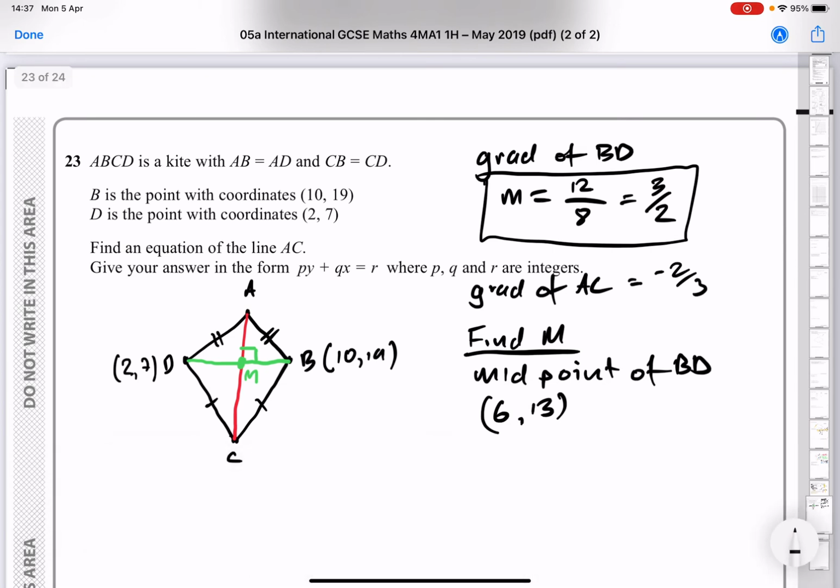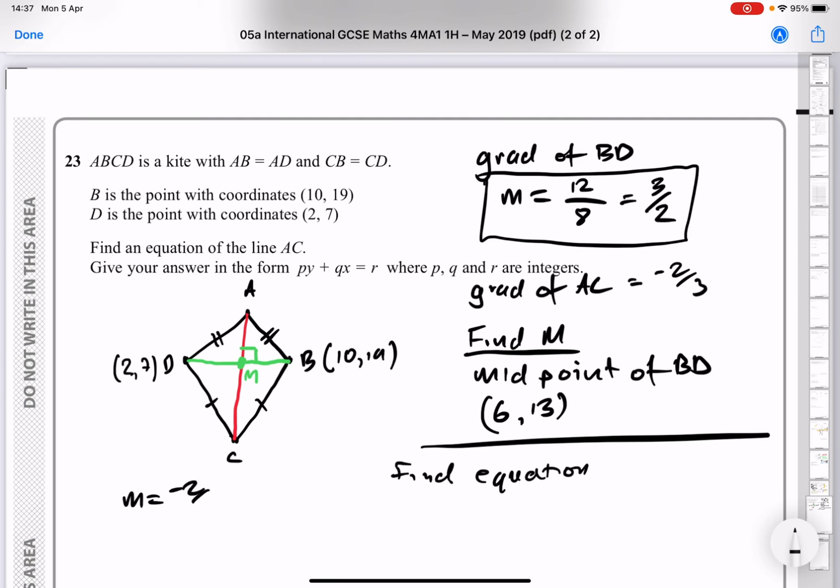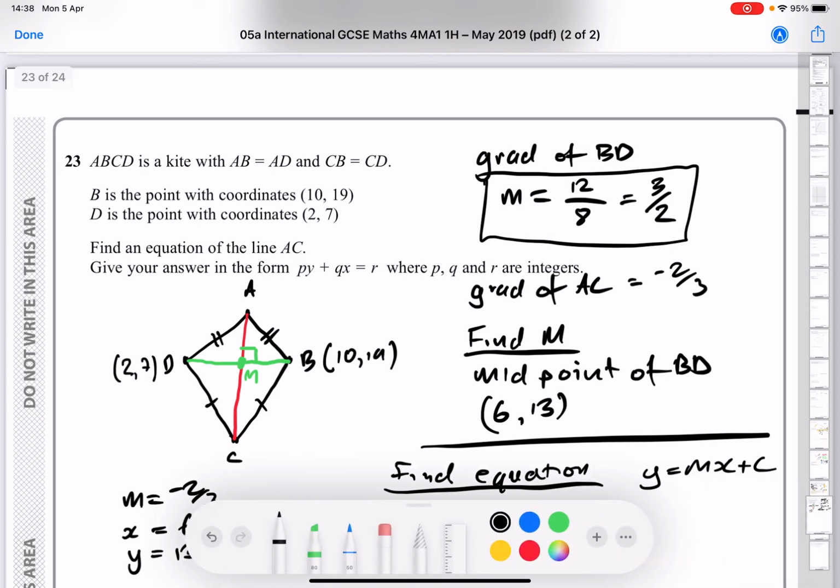So what we need to do now is actually find the equation of the line that they want. So we use y equals mx plus c. Find the equation of the graph. We know that m is -2/3 for the one that we're interested in. And if x equals 6, y equals 13. If we have y equals mx plus c, that's something we can do. I know it tells us to write it in a different form.